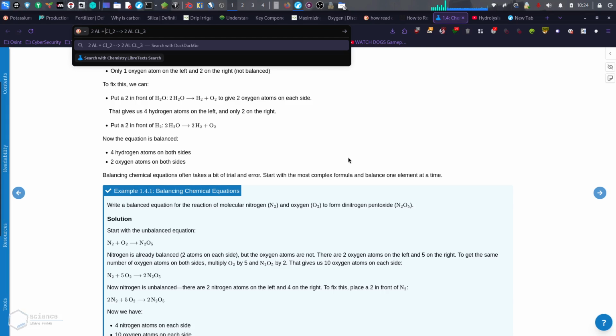If I add 6 in here, how does this affect it? 2 aluminium, 6 by 2 is 12, 2 by 3 is 6. 4 aluminium, 4 by 3, 12 chlorines, for aluminiums.